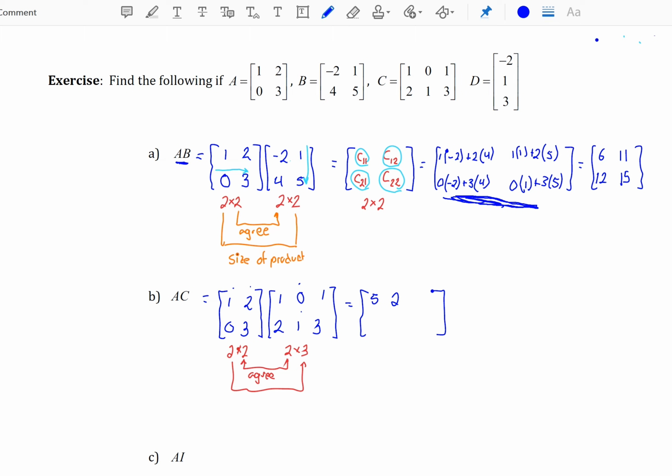First row of A, third column of C should be 1 plus 6, is 7. Second row of A, first column of C is going to be 0 plus 6, 0 plus 3, 0 plus 9. It should look like that.